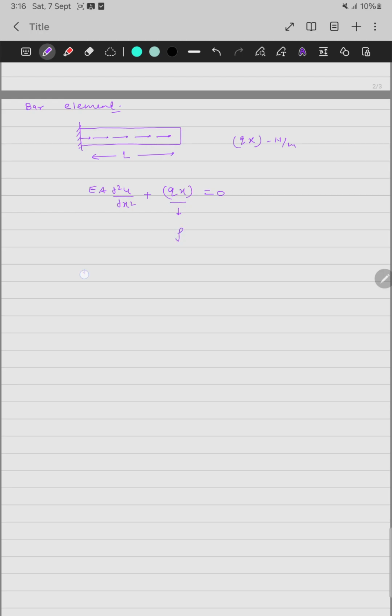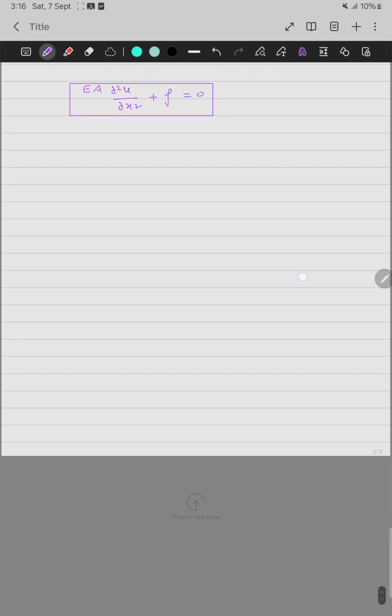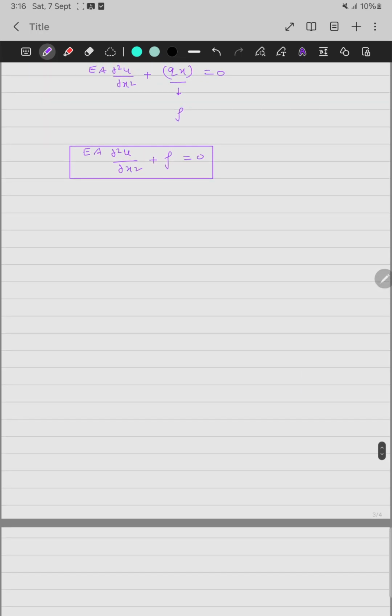So our equation is EA del 2u by del x2 plus rho equals 0. This was the equation that we derived in our last lecture. Today we'll see how we can write that equation in a general form to convert it into stiffness and load matrices, and we'll do that in today's lecture.